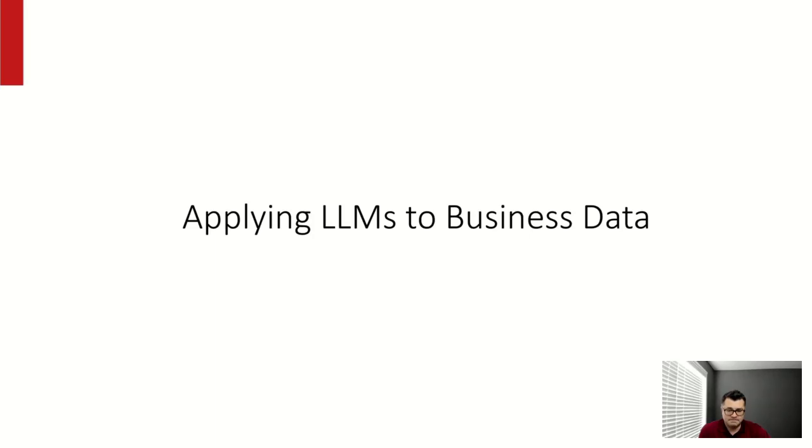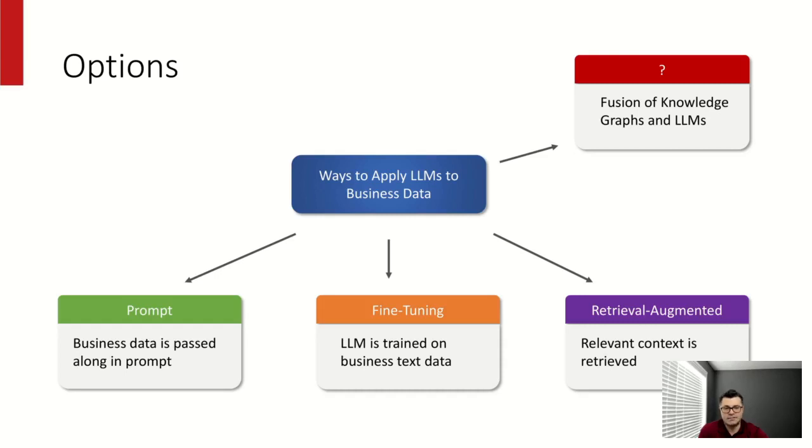Moving on. So obviously the big topic here is applying large language models to business data. And the question here is, what is the most appropriate way of doing that? I want to walk you through some of the options and some of the implications that come with these options.